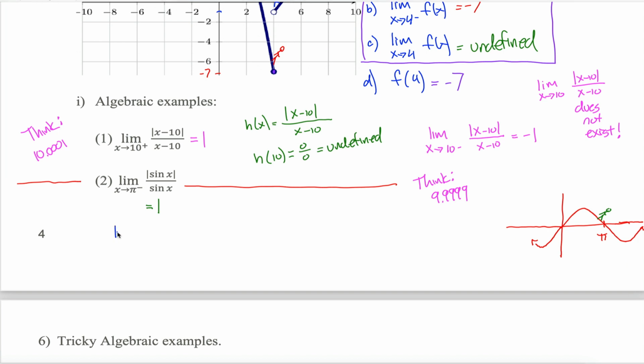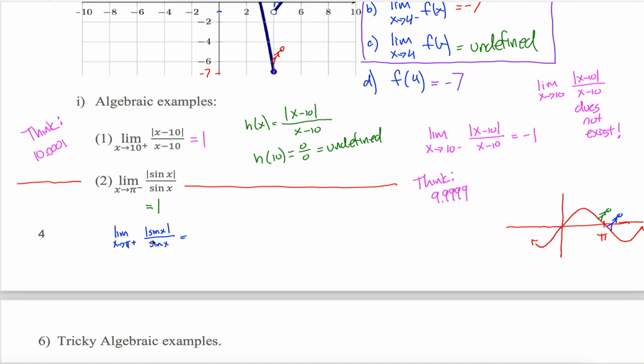If we took the limit as x approached pi from the positive side, now we're thinking about taking values of x that are slightly bigger than pi and putting them into this sine function. When our value of x is slightly bigger than pi, the height, the output, is slightly negative. It's getting really close to 0, but it's slightly negative. If sine of x is slightly negative, the denominator is negative, but the absolute value up in the numerator makes that positive.